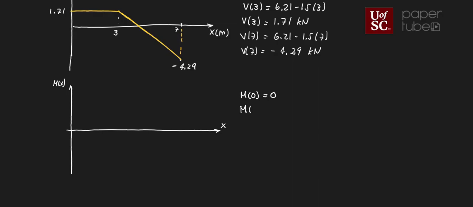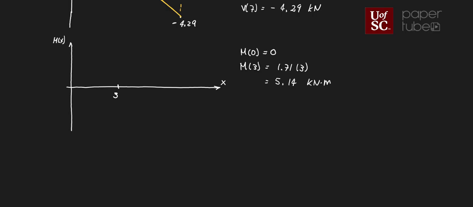M at 3, we can do 1.71 times 3, and I think that was 5.14 kilonewtons meter. That means that at 3, I'm going to continue, this is going to be 3.